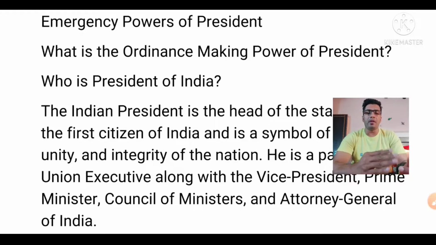But when it reached the president, he used his discretionary power and said it was a violation of the constitution because it is related to money matters, and first of all you have to seek permission prior to introducing any bill in the parliament.